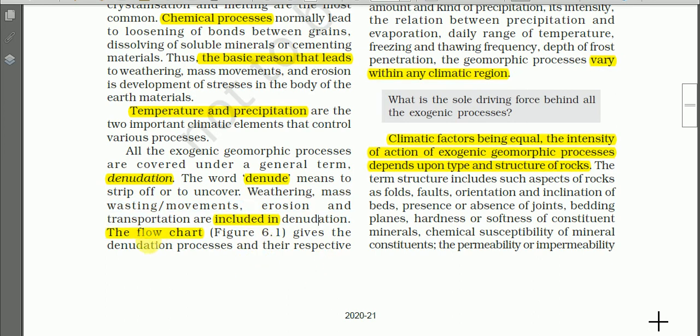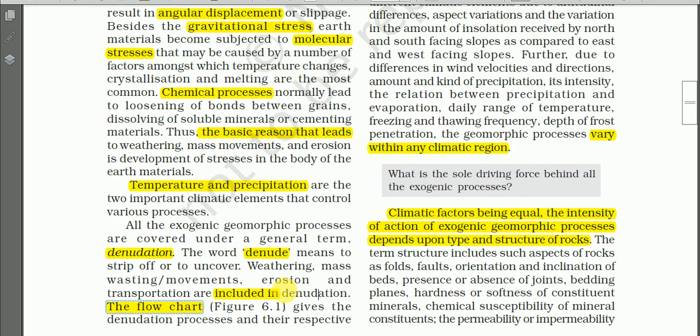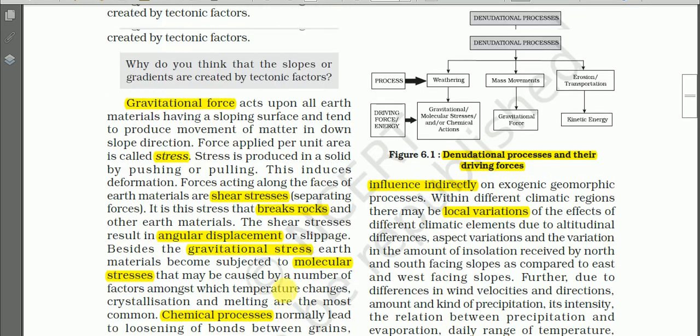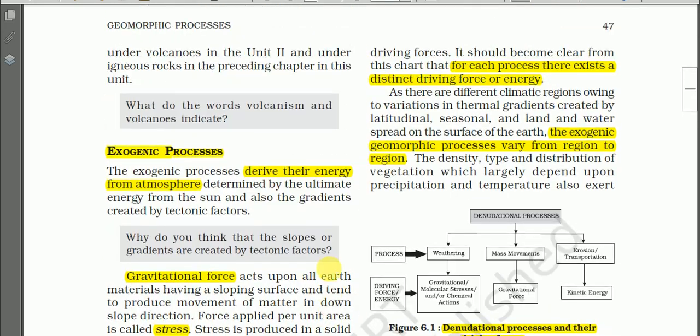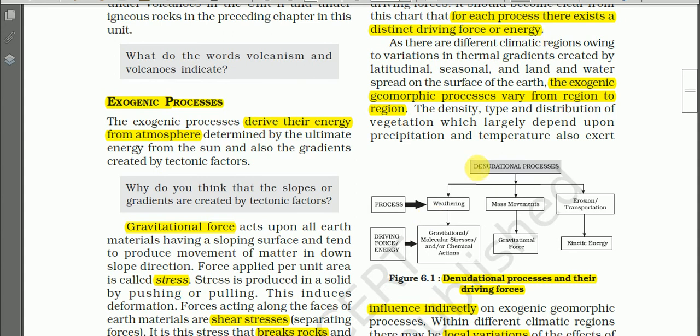Figure 6.1 also gives the denudational processes and their respective driving forces. See here, we have three important denudational processes: weathering, mass movement, and erosion and transportation.